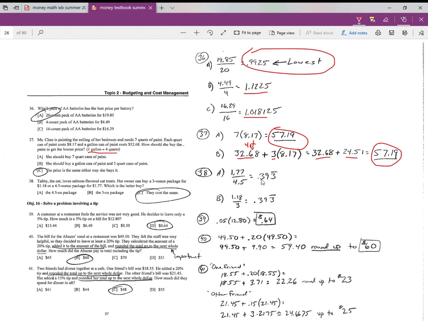You divide, 0.393. 3 ounces is $1.18, so money on top, divided by how much you get. You divide. You get the exact same 0.393. So they are the same. Letter C. Okay. So that's objective 15.